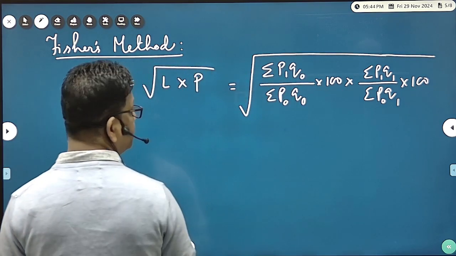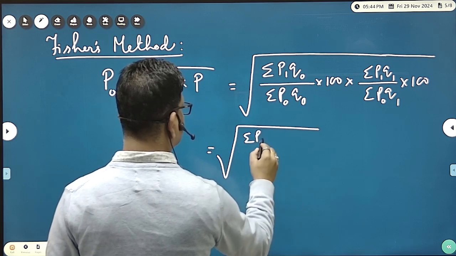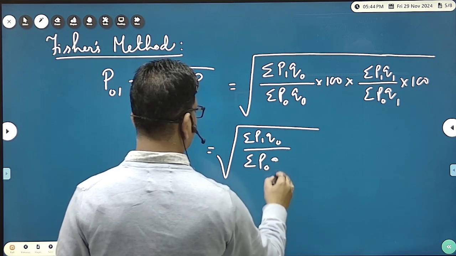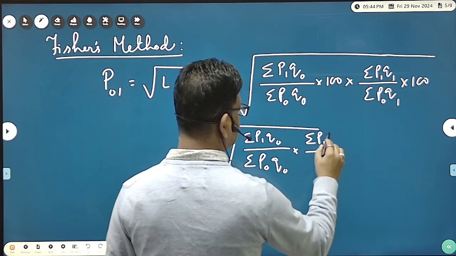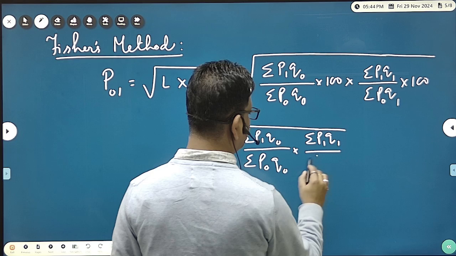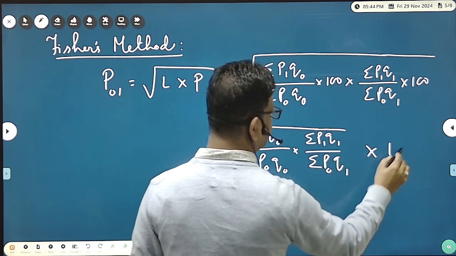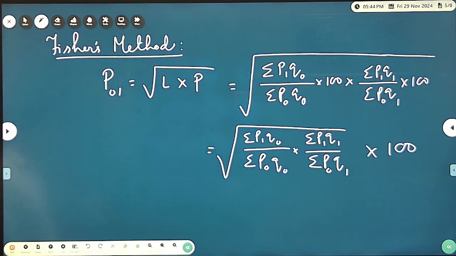Since there are two hundreds, it is done like this: summation of P1 Q0, summation of P0 Q0 remain under the square root. This summation of P1 Q1, this summation of P0 Q1 remain under the square root, but there are 200, so it goes out of the square root.